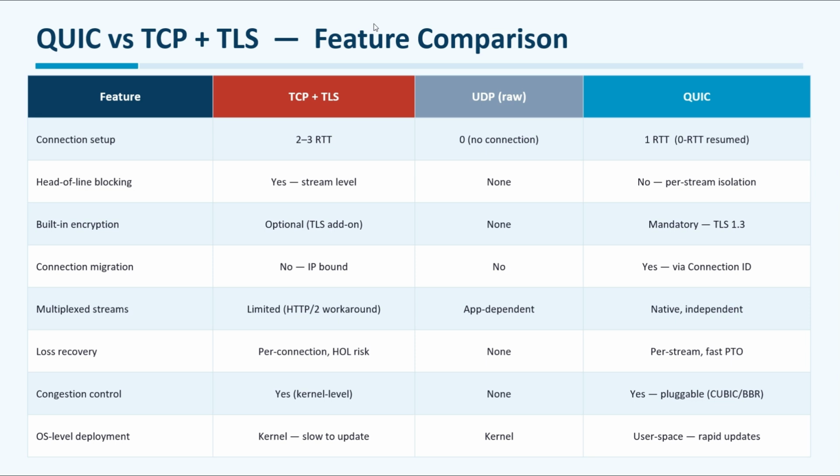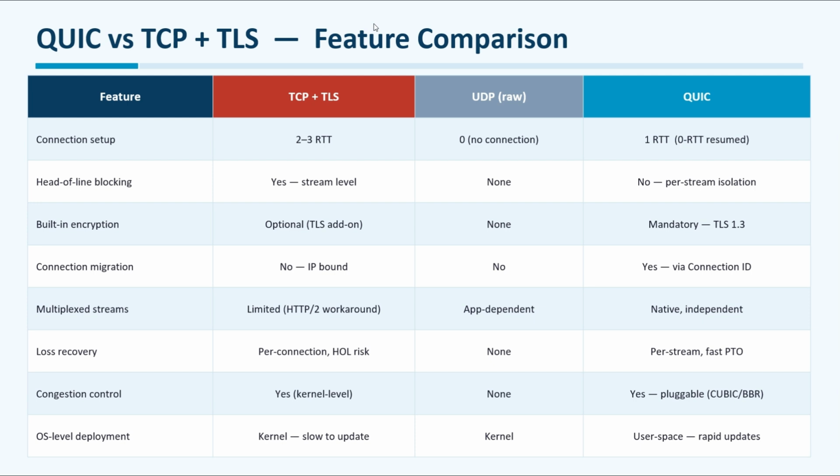In multiplex streaming, there are limited multiplex streaming options for TCP TLS, and in UDP it is completely an app-dependent thing, whereas in QUIC it is native and independent. In loss recovery, there are HOL risks in TCP and TLS, while QUIC provides a fast per-stream loss recovery system.